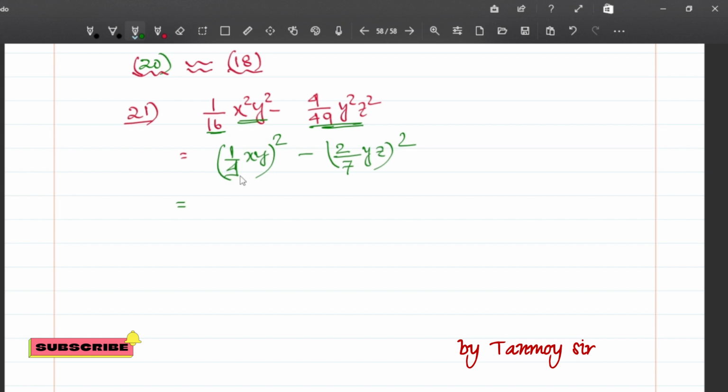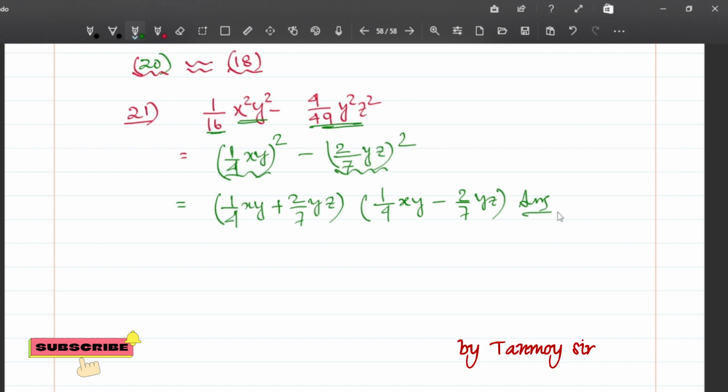Now expand with the formula. This is your a and this is your b. So a plus b and a minus b. So this is your answer.